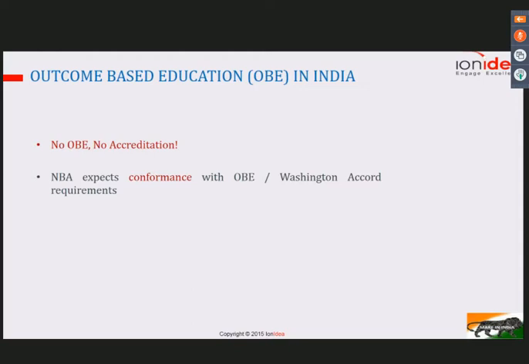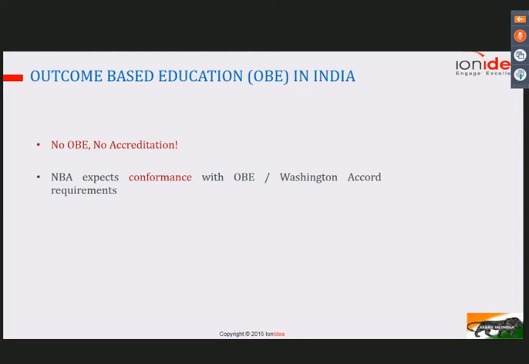So the point that comes here is, what is Washington Accord? It's an international agreement for professional engineering academic degrees between the bodies responsible for the accreditation. So if we sign for this accreditation, then we have to get the accreditation for the institutes.